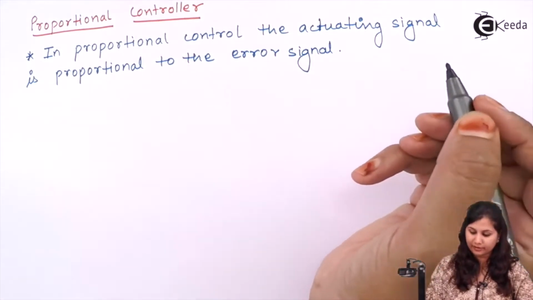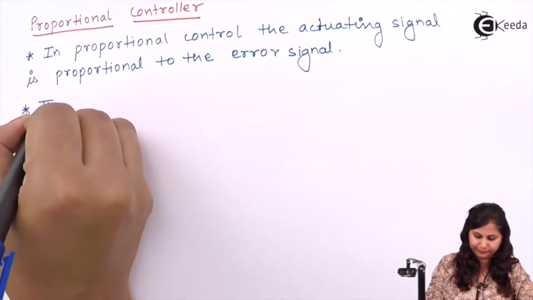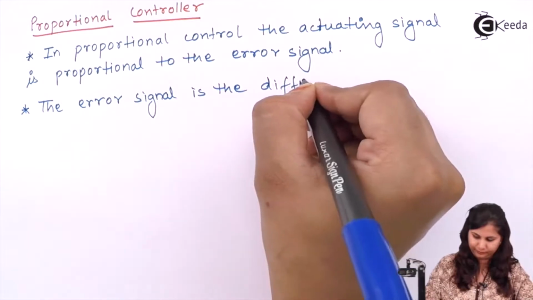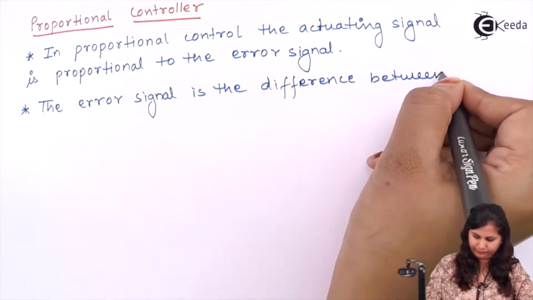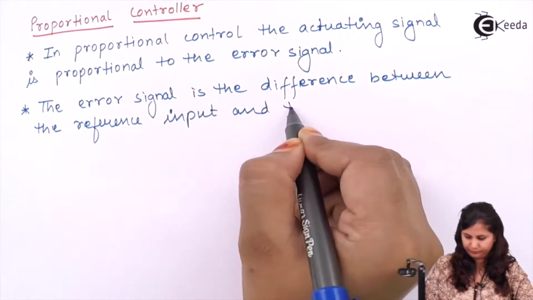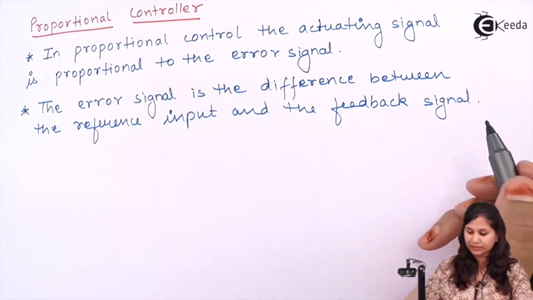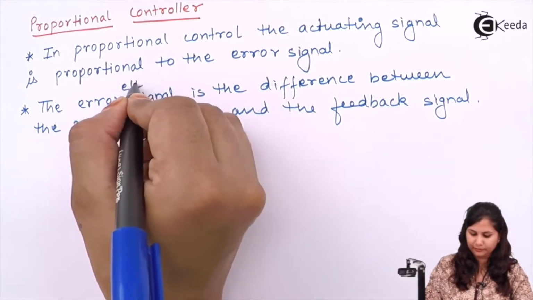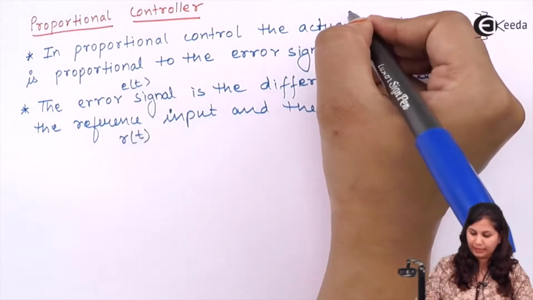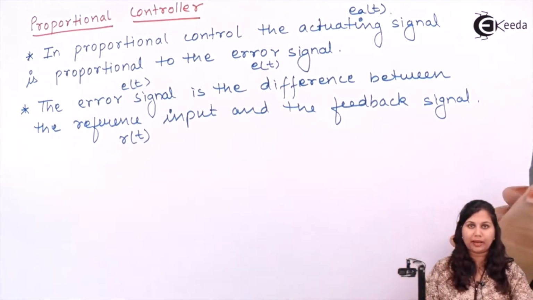So the actuating signal is going to be proportional to the error signal in the proportional controller. And what is the error signal? It is the difference of the reference input and the feedback signal. Now if we represent the error signal by e(t), the reference input by r(t), the actuating signal by ea(t), and we have the feedback signal.